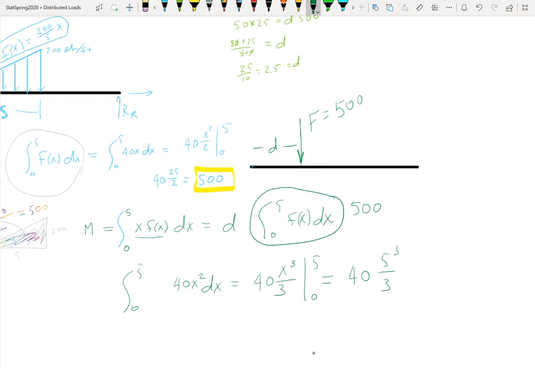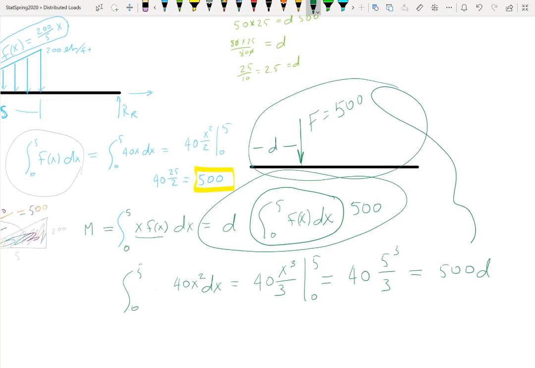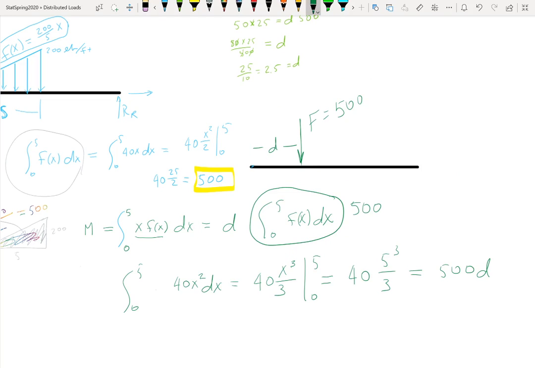And that's still got to be equal to 500 times the distance, and so my distance is going to be equal to, let me figure all this up on the calculator. I'm going to pause and do this real quick. It is equal to 3 1/3.